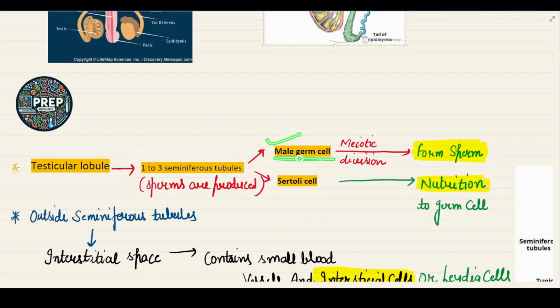First are the male germ cells, and second are the Sertoli cells. Male germ cells divide meiotically and form the sperms inside the seminiferous tubules. And what is the function of the Sertoli cell? It gives nutrition to the germ cells for the production of the sperms.